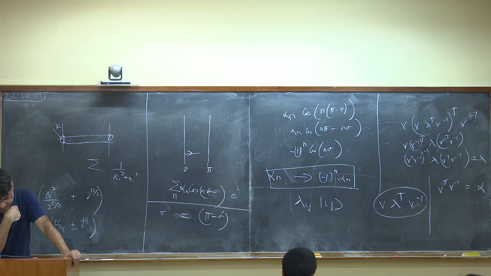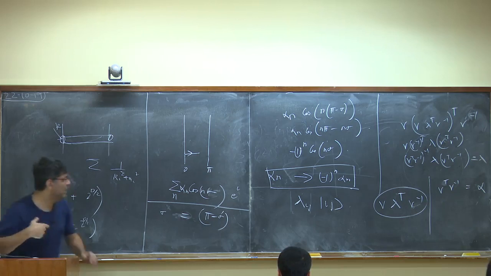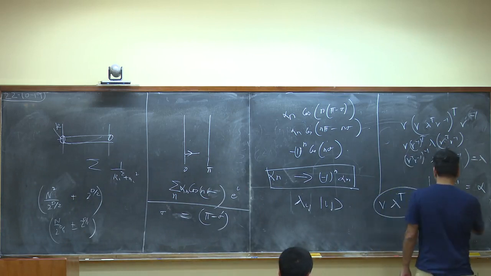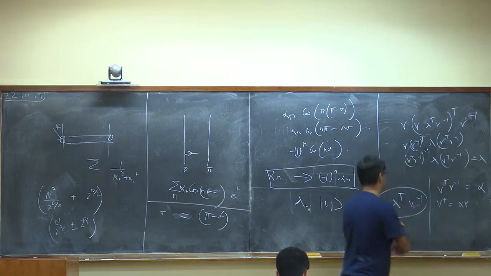What's gamma transpose? Yeah, right. But let's look at this. Suppose gamma transpose is equal to alpha. This implies that gamma transpose is alpha times gamma.